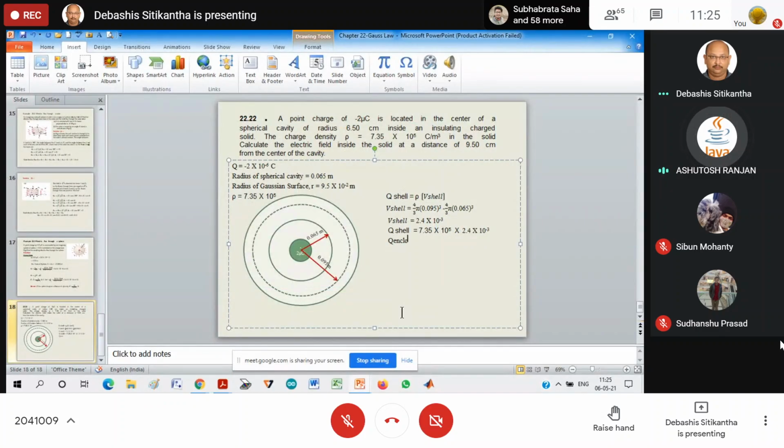It is coming as 1.77 into 10 to the power 3.